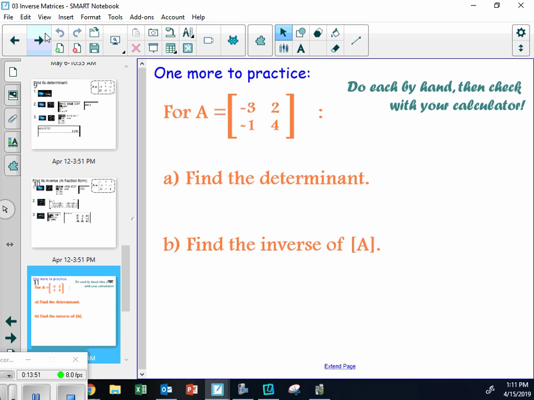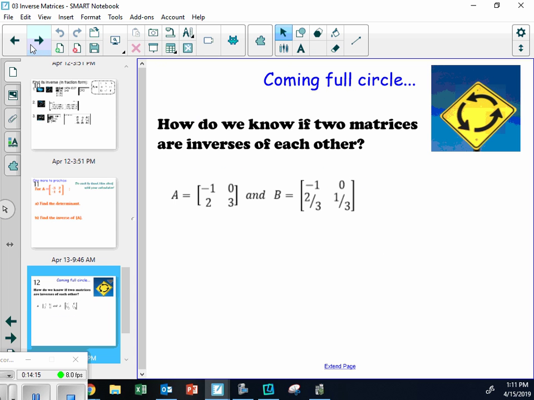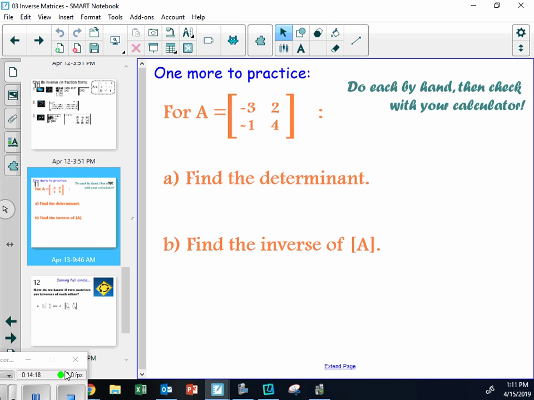If you can do this without your calculator first, by hand in other words, then you should be able to do it all with the calculator and it should match. Then you understand everything so far. Okay? I'm going to pause the video for a second while you try to answer these two by hand and then with your calculator. If you get all of that, we're pretty much done. We'll finish up with one little interesting thought.